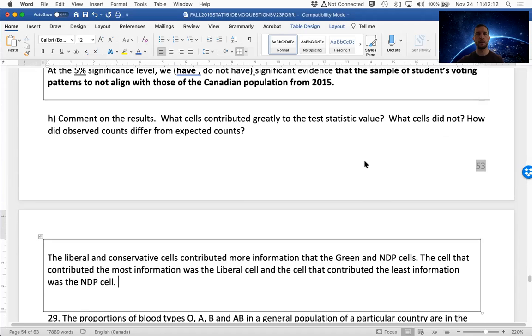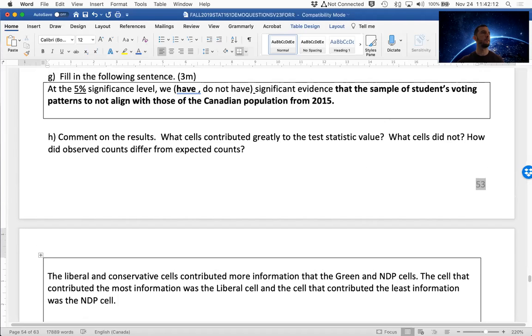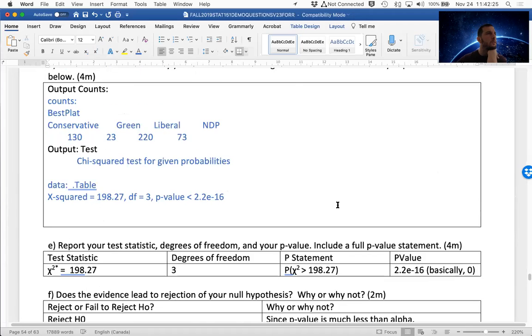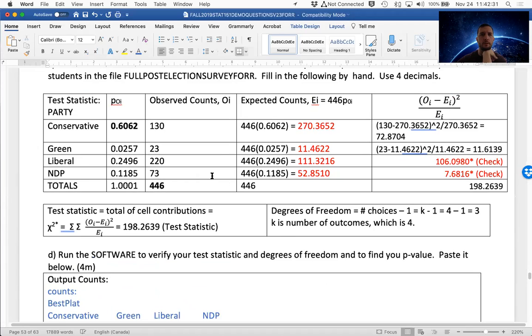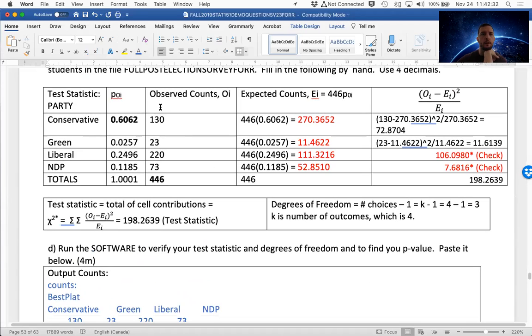Okay. How did observed cells differ from expected cells? Okay, so if we look at the original observed measurements, we can see that our highest proportion voted liberal and our lowest proportion voted green, and that we have 130 people voting conservative.